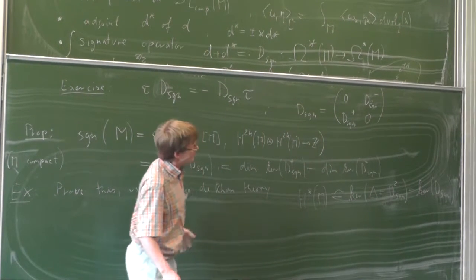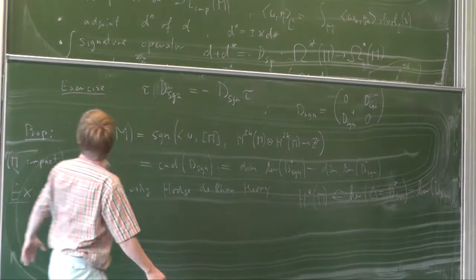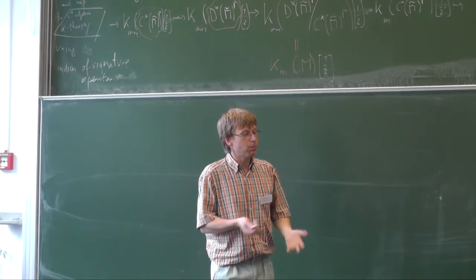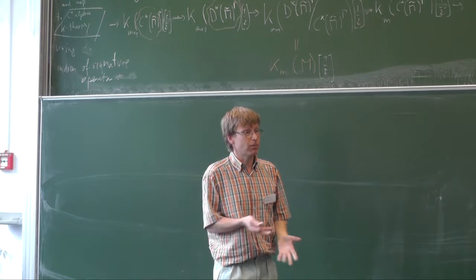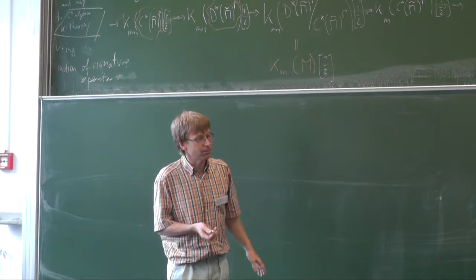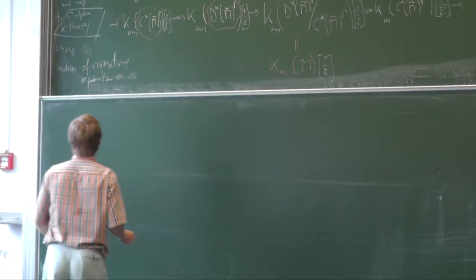So to be able to do this index theory and more refined versions of it, we need to know quite analytic properties of the signature operator. So that was the next thing I want to talk about. Let's do this.